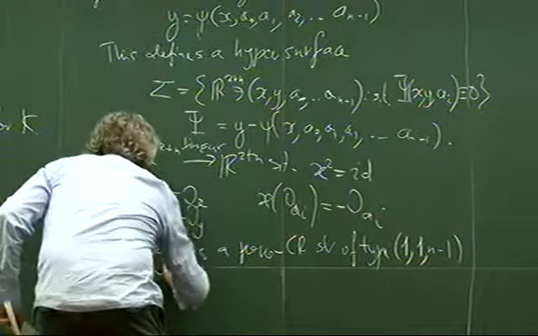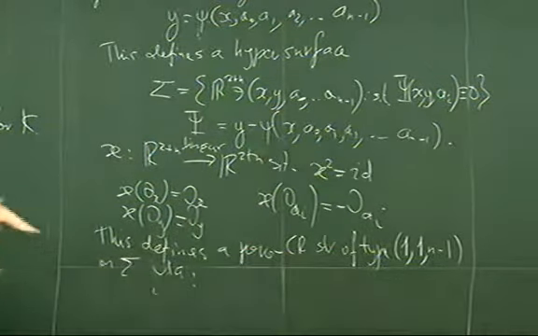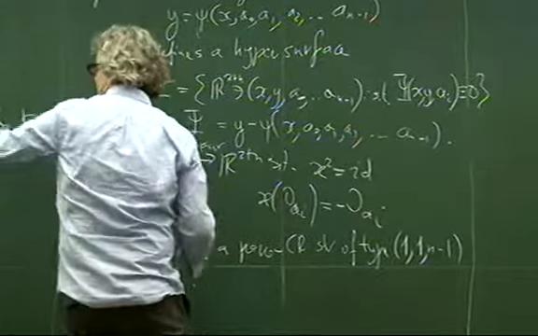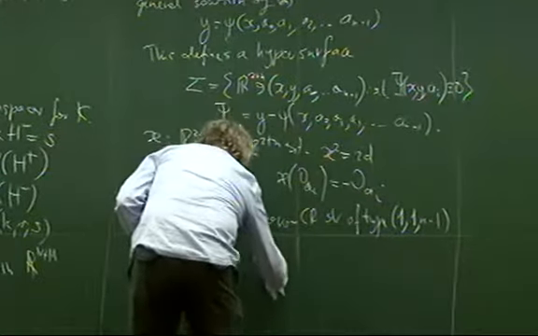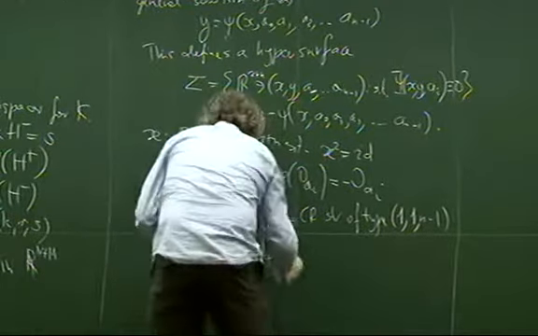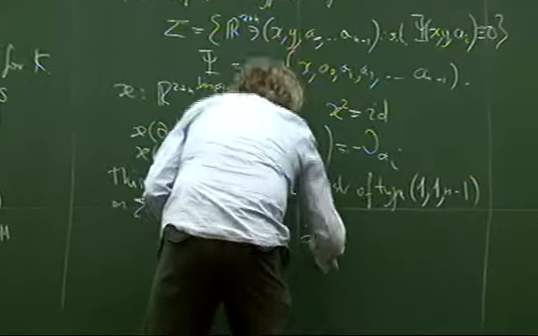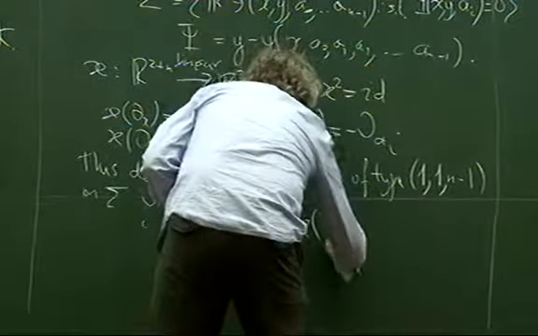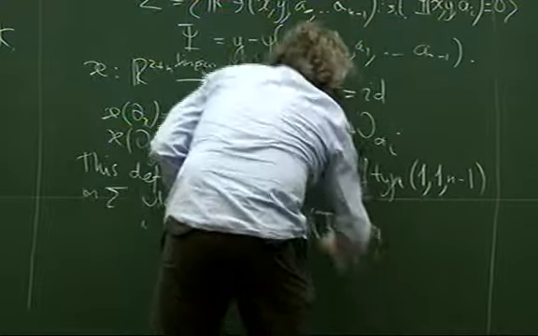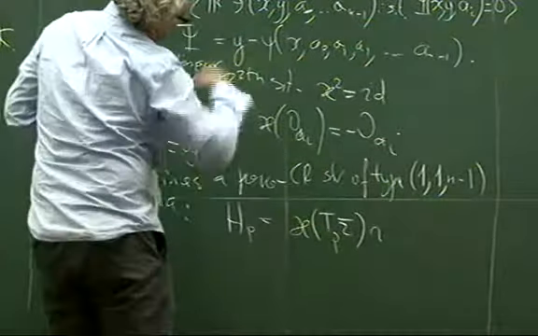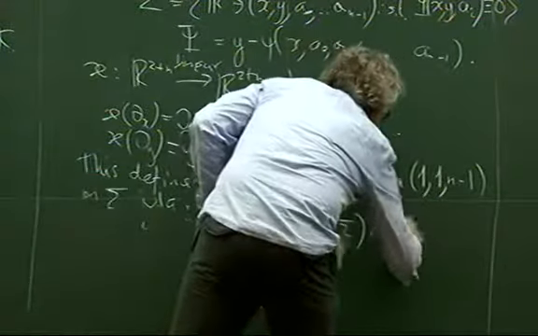The problem is how to define this bundle H. You define H like in the CR case: H at a point P is the intersection of kappa times the tangent space at P with the tangent space.